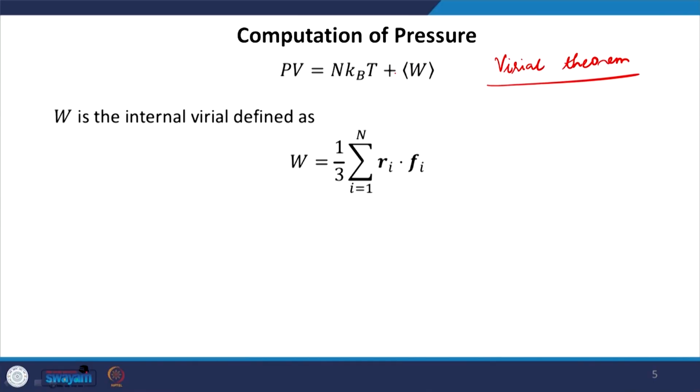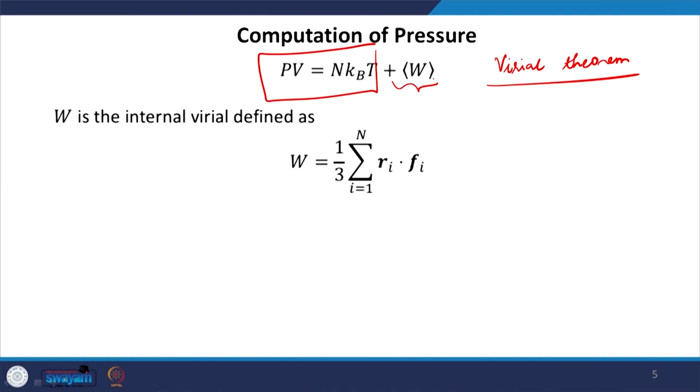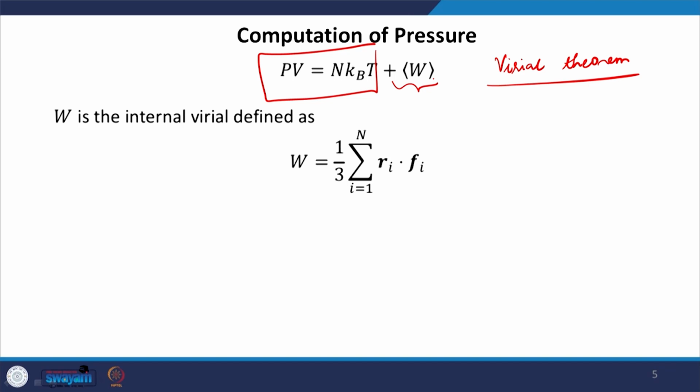So, if I do not have the second term, what we have is the ideal gas law, that is the pressure that is present because of the molecular motion, and in addition to that, there is some pressure coming because of interparticle forces, and that particular quantity is called W, the internal virial, that is because of the interparticle forces between the molecules, and it is defined as 1/3 of the sum over the dot products of the position with the force acting on every particle.